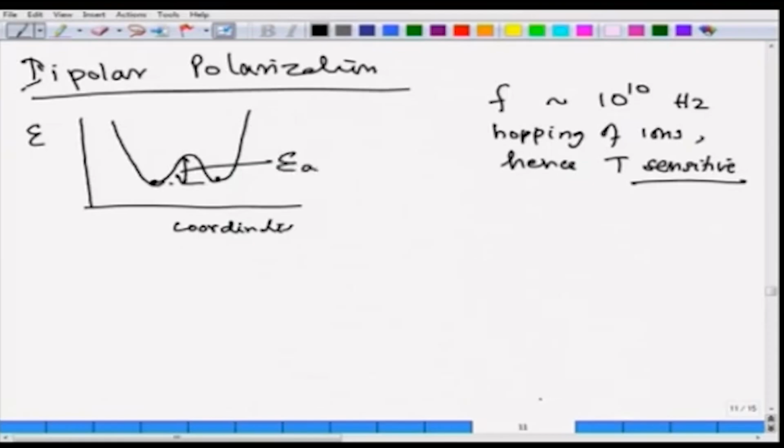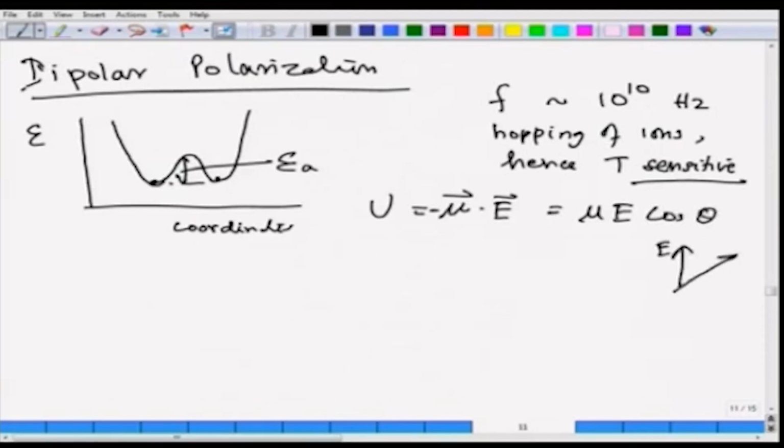The question we ask is what happens if there is a dipole moment, where one position corresponds to a dipole in the direction of the electric field, and the other totally away from it. Then what happens when you apply an electric field? You know that if there is a dipole moment mu and we apply an electric field, then the dot product of dipole moment and electric field gives us the energy, with a minus sign, u equal to minus mu magnitude E cos theta, where if this is the electric field and this is the dipole moment direction, then theta is the angle between them.